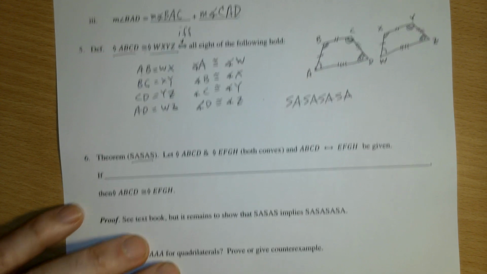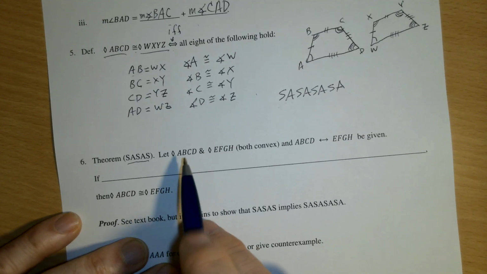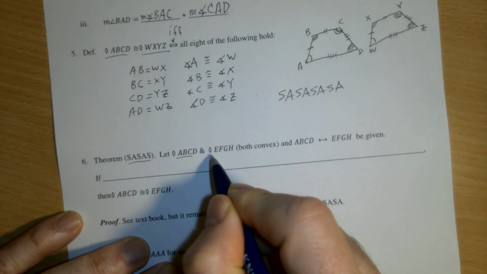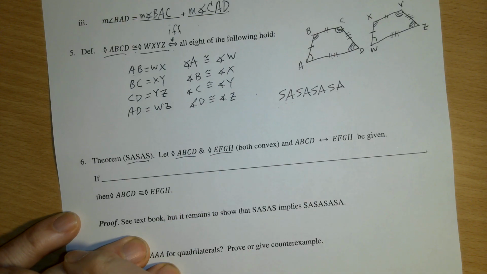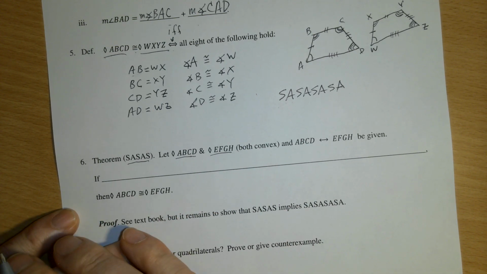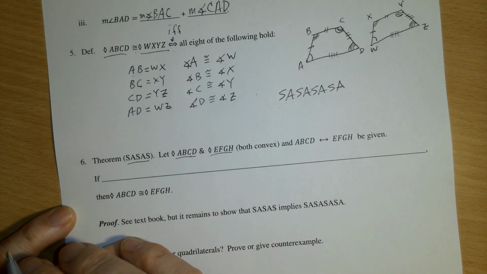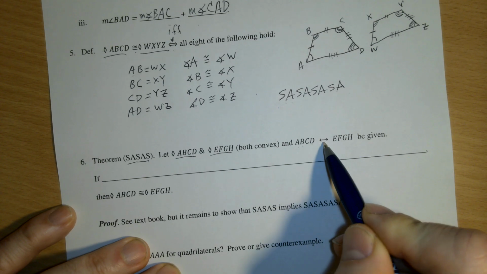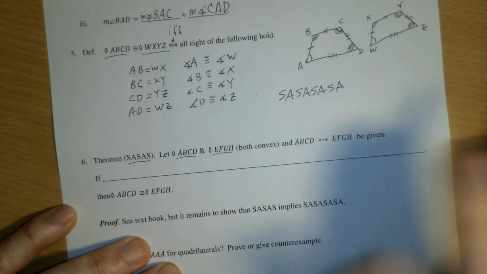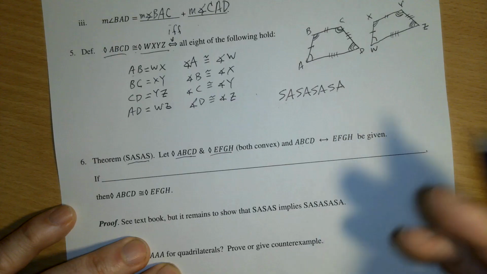So how will we write that? Well, here we go. Let these two quadrilaterals be given, and they're both convex. We're assuming unless otherwise stated, all of our quadrilaterals will be convex. And then we have A, B, C, and D corresponding to E, F, G, H in that order, the normal order.